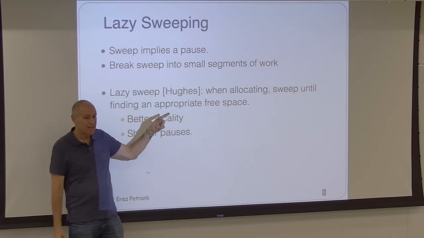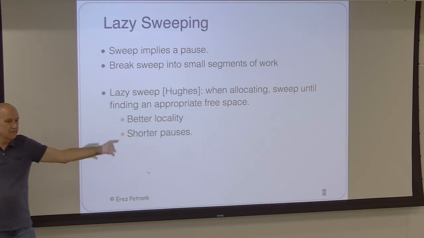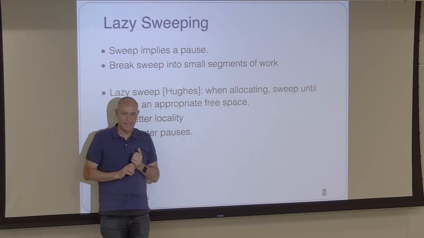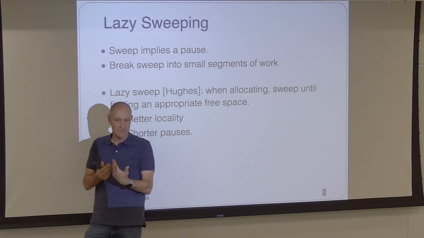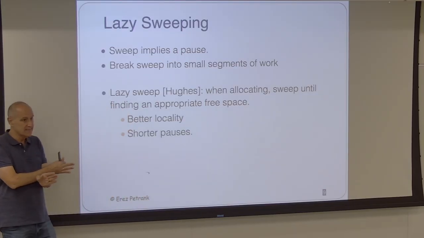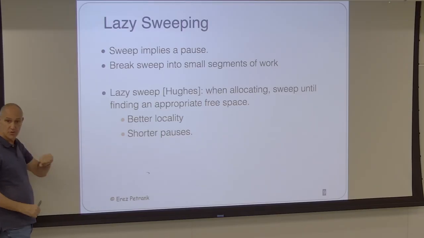So when I allocate, I'm not going to sweep. I'm going to mark, and then I'll let the program resume working. And when the program wants to allocate, it will look for a place where it can allocate from. How will it do that? It will just do the sweep.